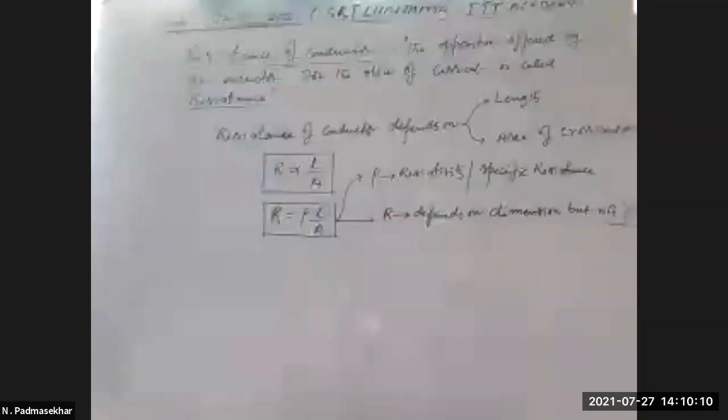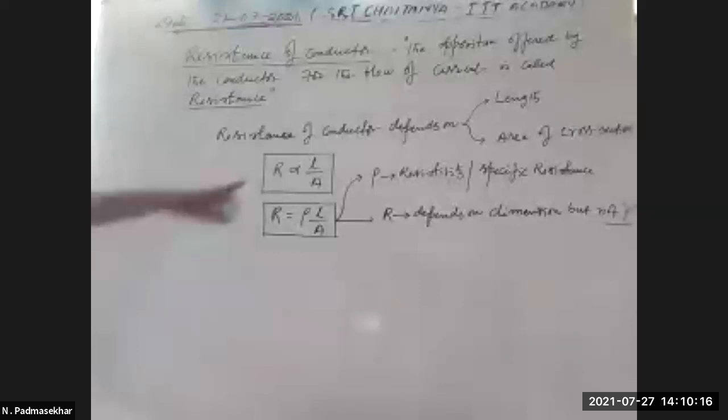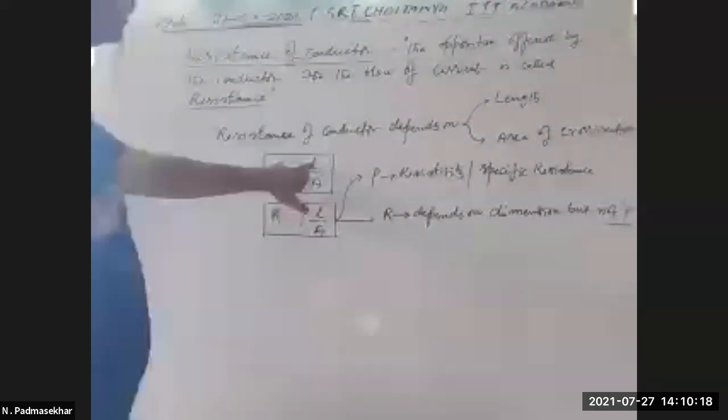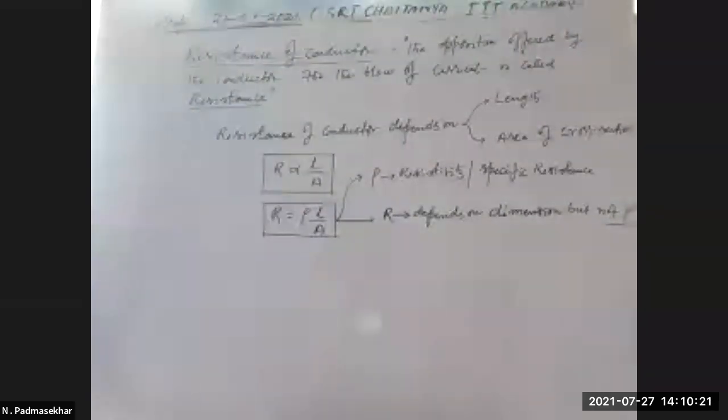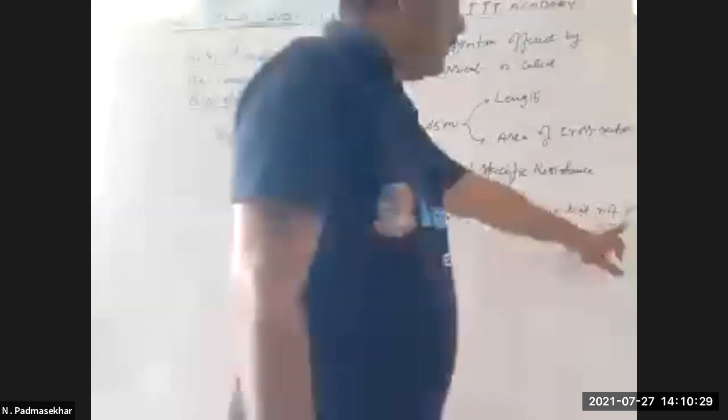And the rho does not depend upon the dimensions. R is directly proportional to length and inversely proportional to area of the cross section. But rho does not depend upon the dimensions. Rho depends on nature of the material.